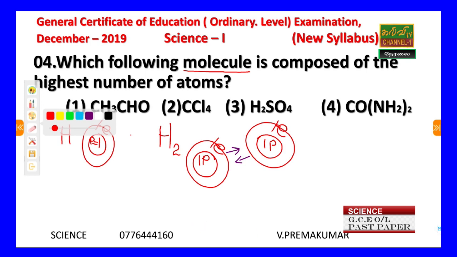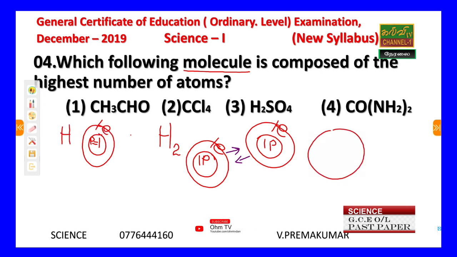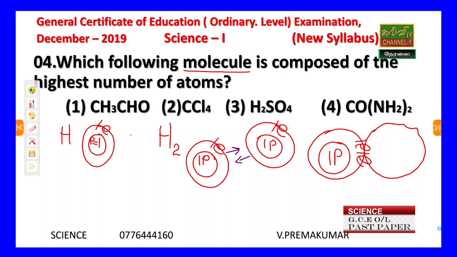There is one common area. This is 1 electron, and another electron comes from the other hydrogen atom. So between them they have shared electrons, which is a stable condition.